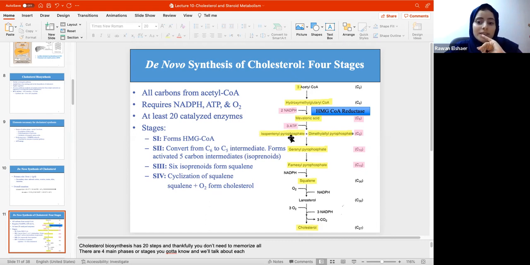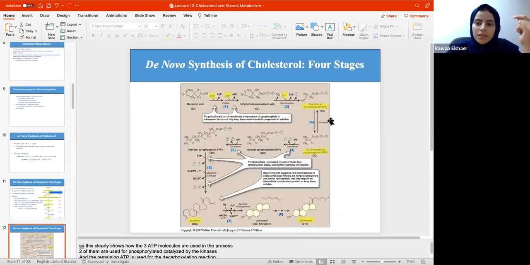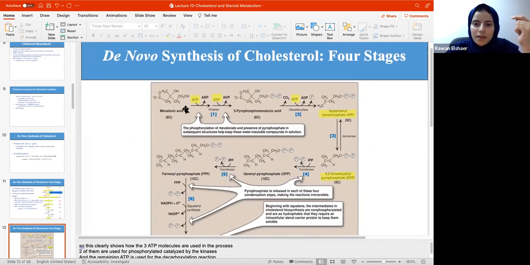And you need to know that this isopentenyl pyrophosphate is an activated isoprenoid, and it's in equilibrium with dimethylallyl pyrophosphate, okay? This image shows it better. You see how this is mevalonic acid. It forms an intermediate that becomes decarboxylated. You can see here a carbon atom is leaving, and it forms isopentenyl pyrophosphate.